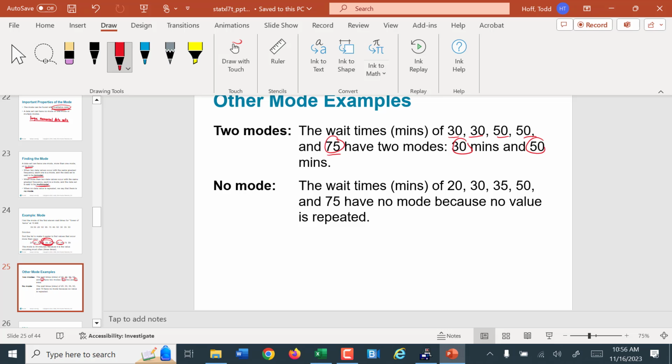If there were 8 or 10 data points here and there was two 30s and two 50s and all the other numbers appeared once, then I'd maybe say there's two modes, but I do kind of disagree with this textbook illustration of saying there's two modes in that data set, because there's only one other data point outside of those two values. No mode, well, here there is no data point in this data set that is ever repeated. All the data points appear exactly once, so there's definitely no mode in that data set.